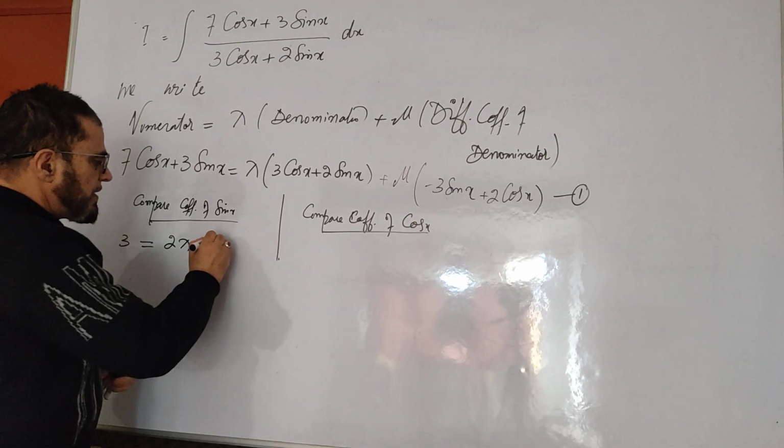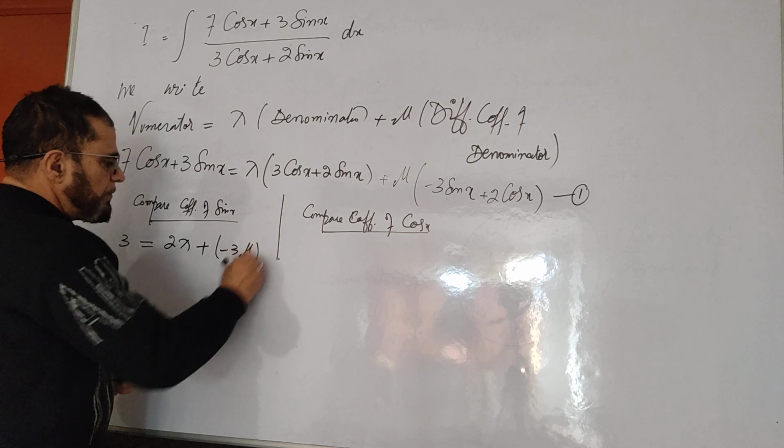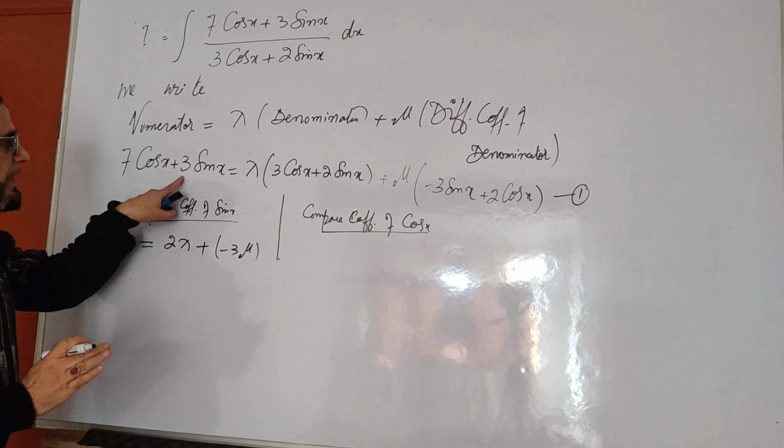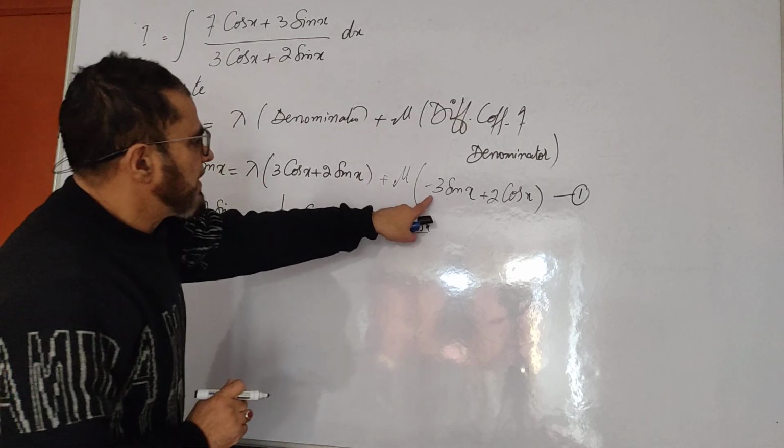Look here, the coefficient of sin x on the left side is 3, which is equal to the coefficient on the right side. On the right side, sin x has coefficient 2, but when you distribute lambda it is 2 lambda, plus the coefficient of sin is minus 3, and with mu outside it is minus 3 mu. So again, the coefficient of sin x is 3 on the left, and 2 lambda minus 3 mu on the right.